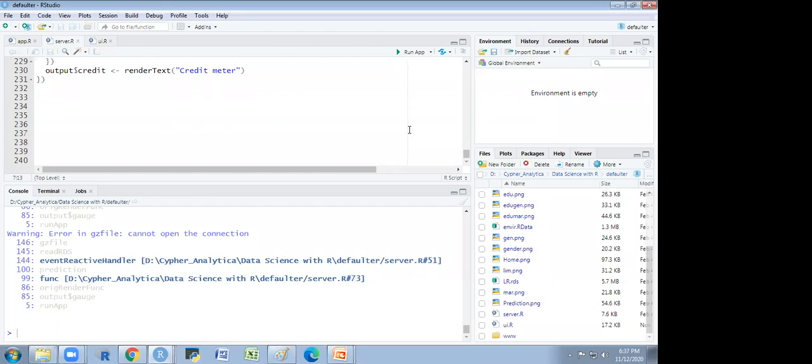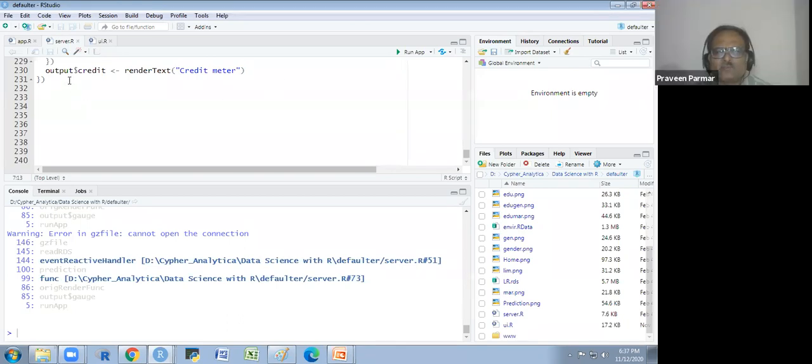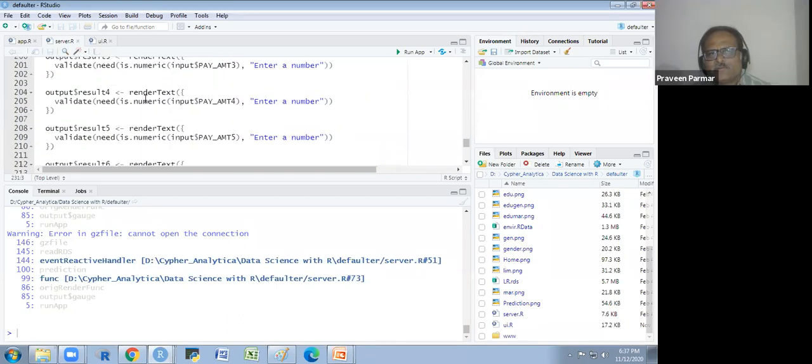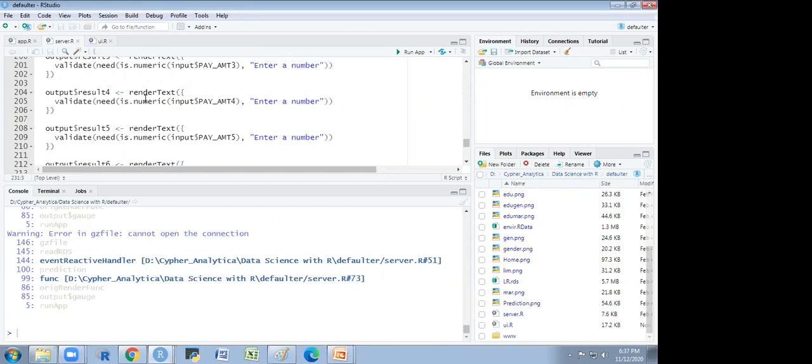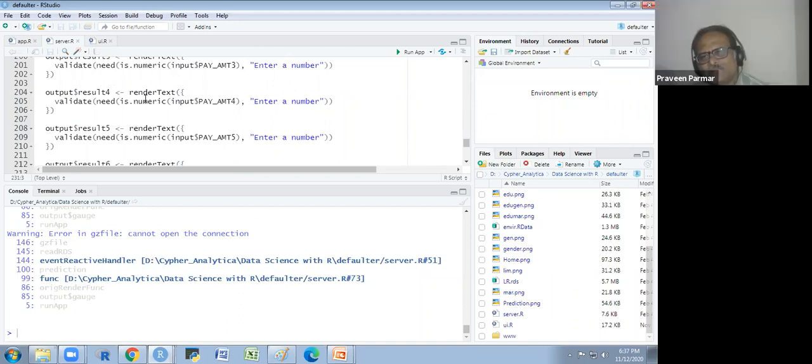I also did very small work on Shiny, but it takes very long. When we work on Shiny, we feel like web developers because of the UI design. So it is better to just make a model and give it in a particular format, along with our data pre-processing syntax, and they will use it.